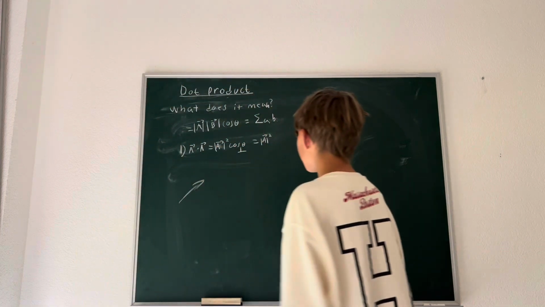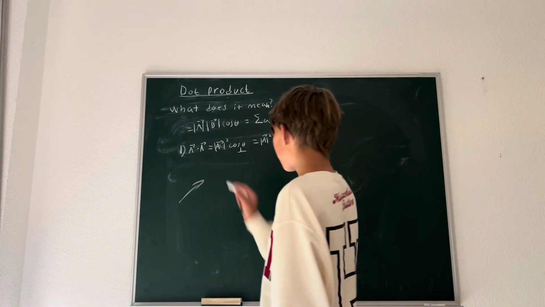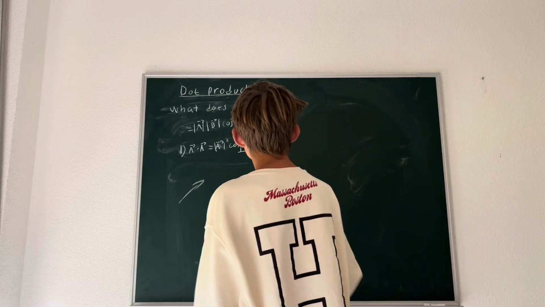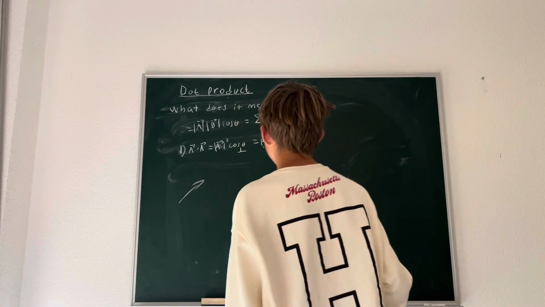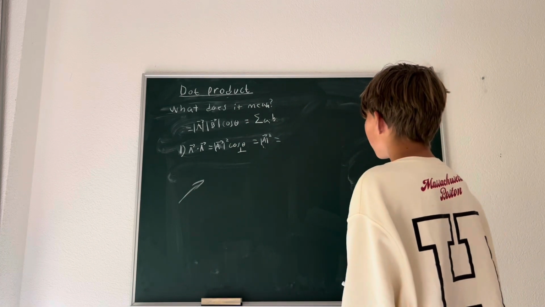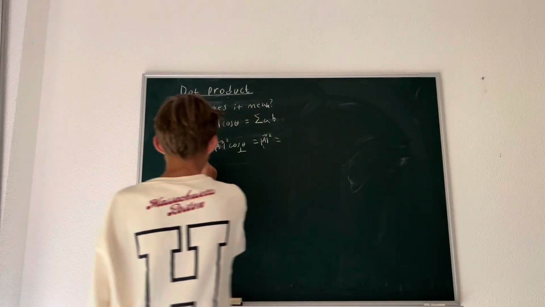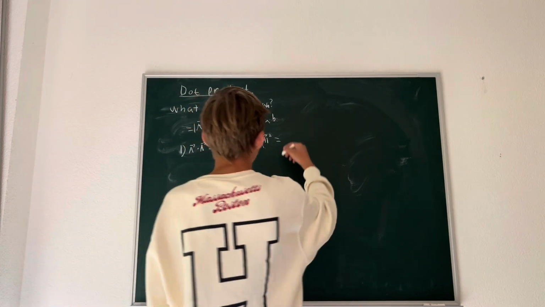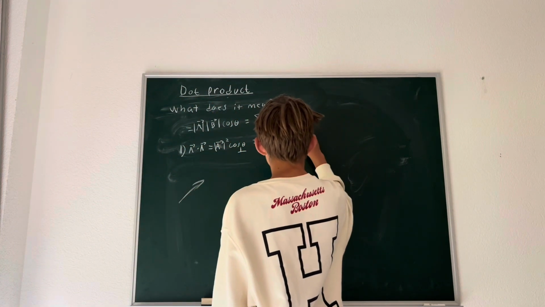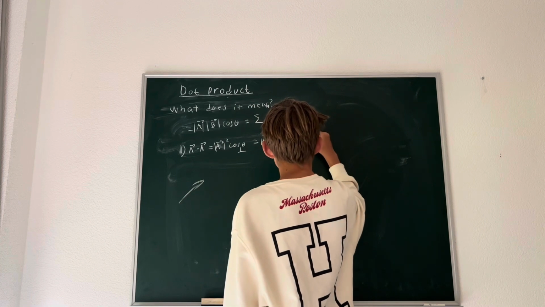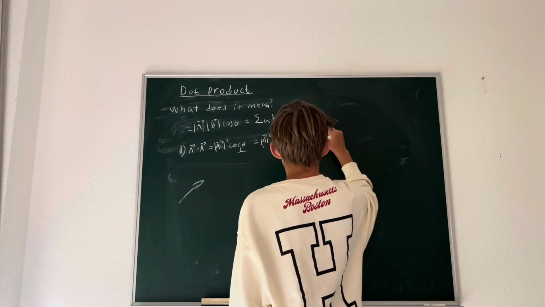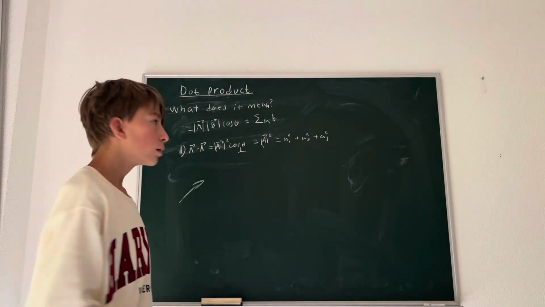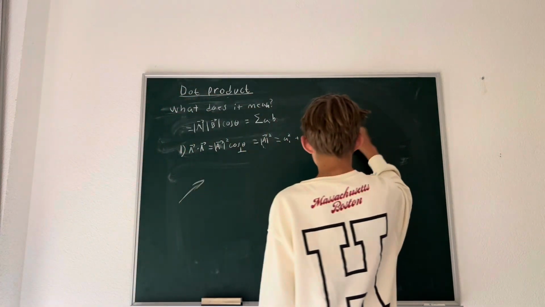So the dot product of this is just going to be the length squared. But recall our previous definition. If we have A with components A1, A2, A3, this is going to be A1 squared plus A2 squared plus A3 squared, which is indeed the length squared.